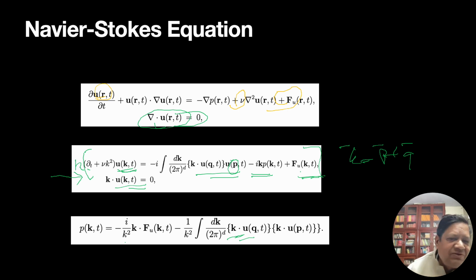So it's just straightforward. You take the dot product of the evolution equation with k, and we get p(k). So p is not an independent variable. P is computed by this condition.